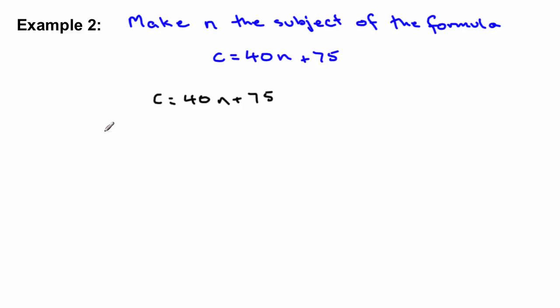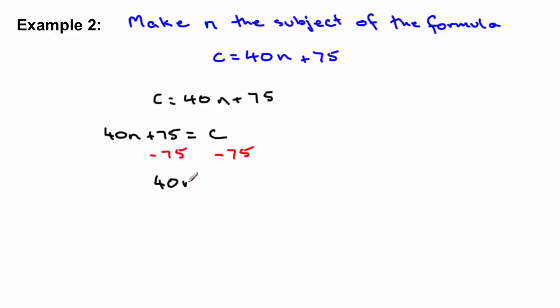So what we do is we take the n and we place it on the left-hand side, and we start to remove the other numbers or letters to the other side, so n is on its own. So the first thing we're going to do is subtract 75 from both sides, and that will give us 40n.